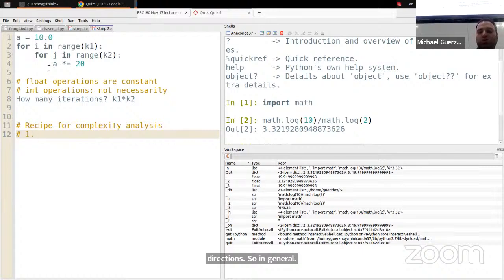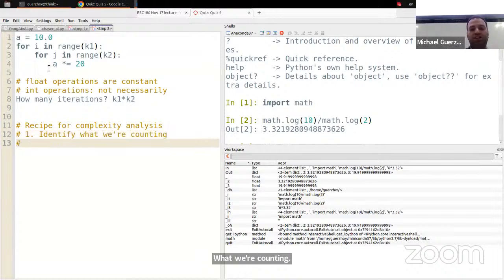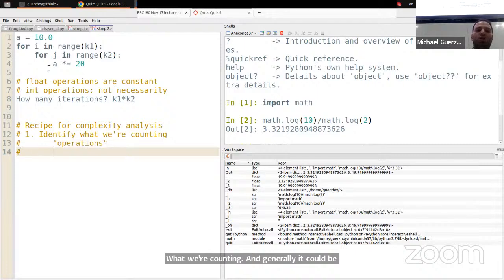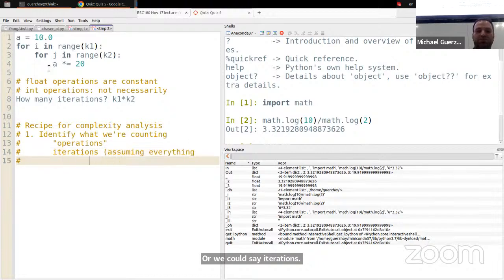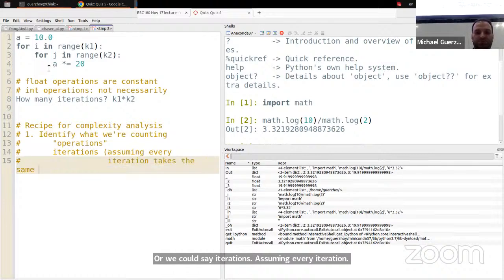what we do is we identify what we're counting. Generally, it could be operations, like we did the first time, or we could say iterations, assuming every iteration takes the same amount of time.